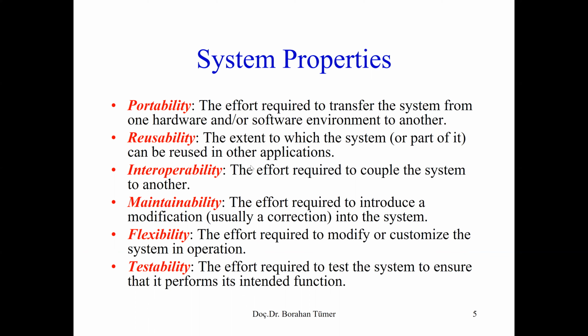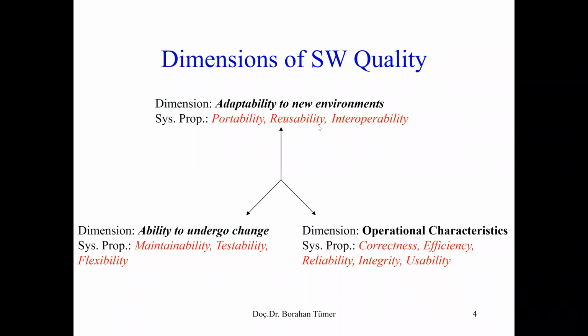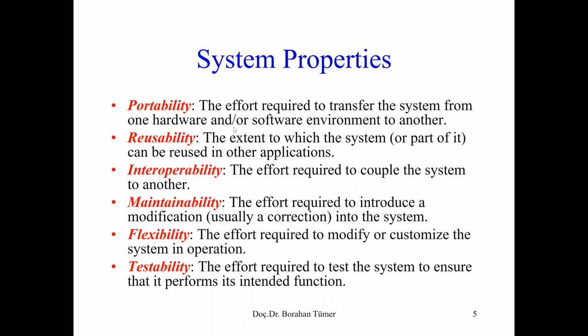The portability. Okay, we will first look at these three system properties for the dimension of adaptability to new environments. Portability is, as you know, the effort required to transfer the system from one hardware and or software environment to another.